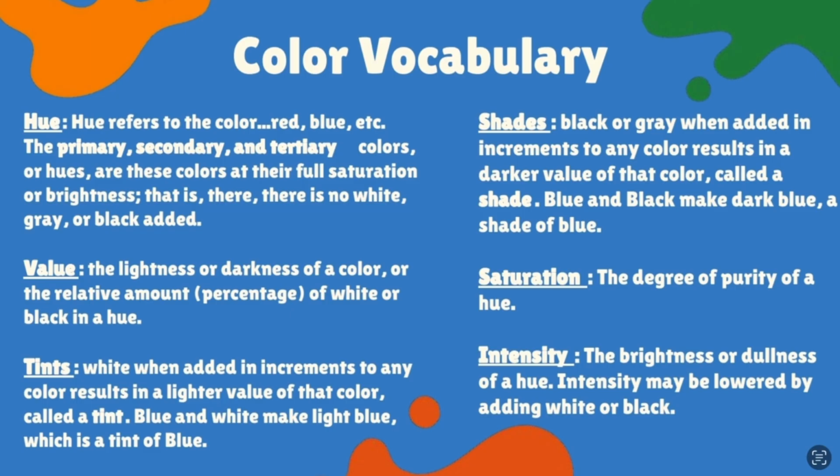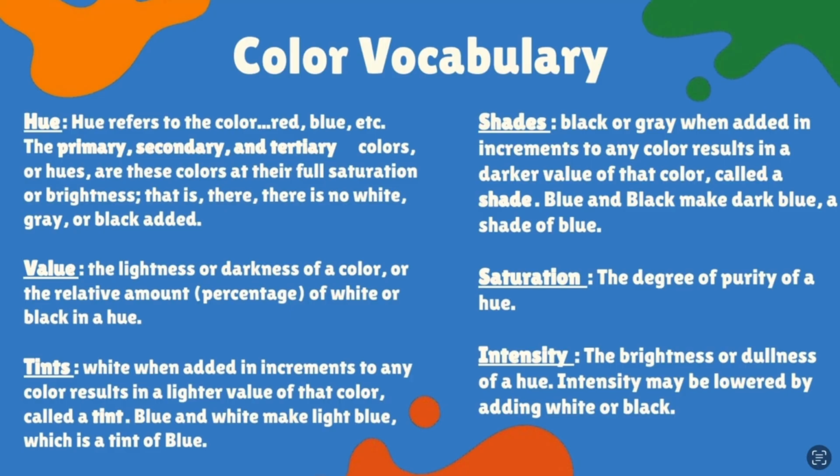Tints: white, when added in increments to any color, results in a lighter value of that color, called a tint. Blue and white make light blue, which is a tint of blue. Shades: black or gray, when added in increments to any color, results in a darker value of that color, called a shade.